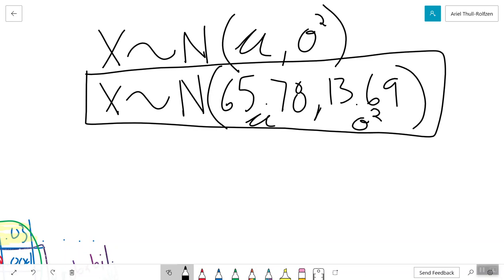So now, just to refresh our memories, let's write down the equation for Z. Because remember I said for each one of these problems, we're going to have to use a Z-score to find the probability. It's like a stepping stone to find the probability. So Z equals X minus mu divided by the standard deviation.